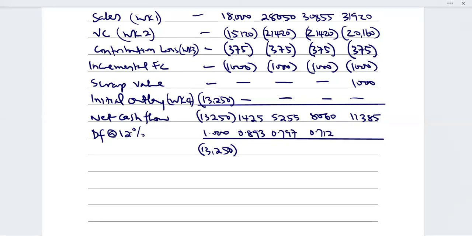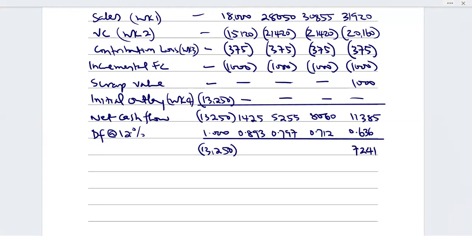Then year 4, 0.636. So let's get the present value. Multiply to get the present value. For year 4, 11,385 multiplied by 0.636 equals 7241.